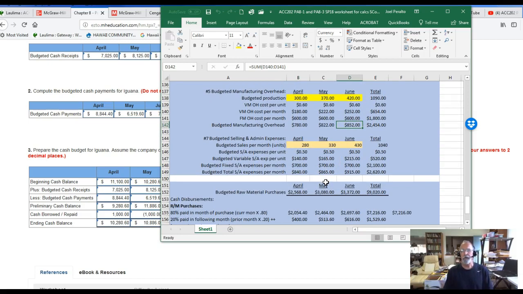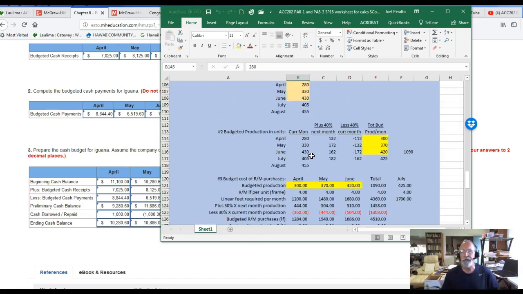Now, when we get down to budgeted selling and administrative expenses, I'm sorry, we're not using the production number to estimate or budget selling and administrative expenses. We use the sales number.